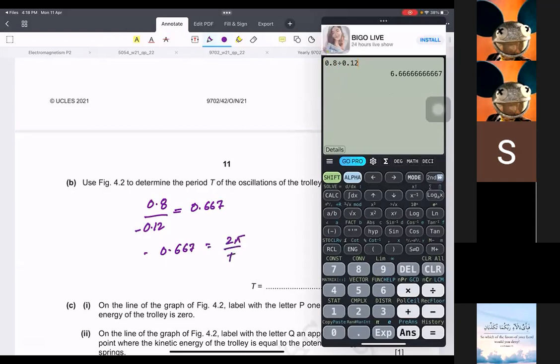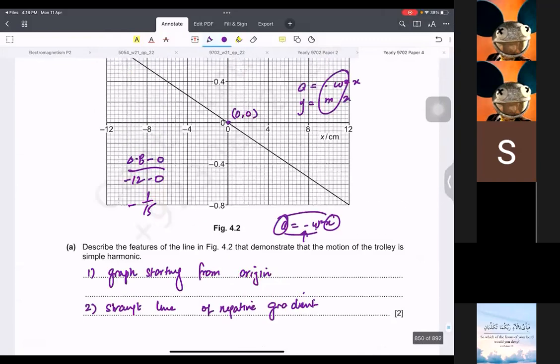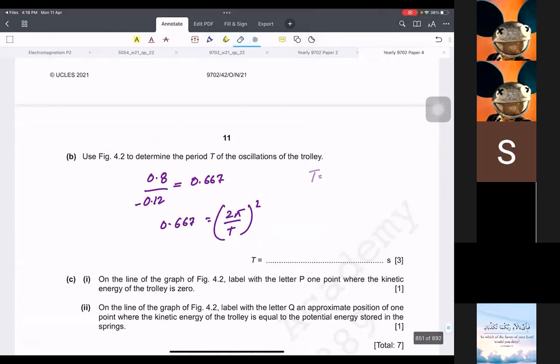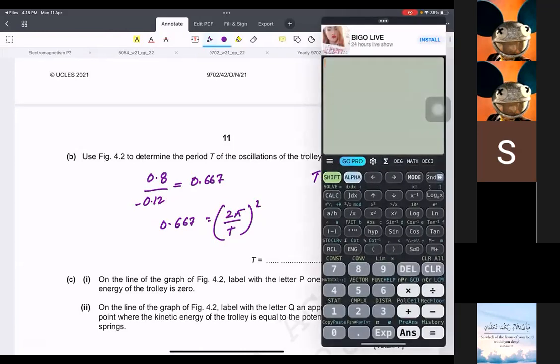2 pi T whole square minus something. Sir, shouldn't it be 0.08? It is already in meters per second in mine, right? Oh yes, that is right, okay. 2 pi over under root 0.0667. You see, it comes correct. Okay. 2 pi over under root 0.6.